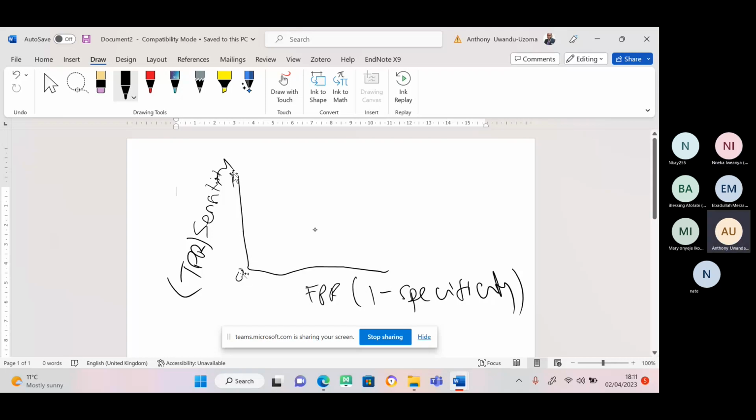Now, when you go horizontally, the specificity will decrease. Remember, this axis is called 1 minus what? Specificity. So that tells you that it's going to decrease as you go from the left to the right. So you can see you have 0 to 1 here, and you also have 0 to 1 here.